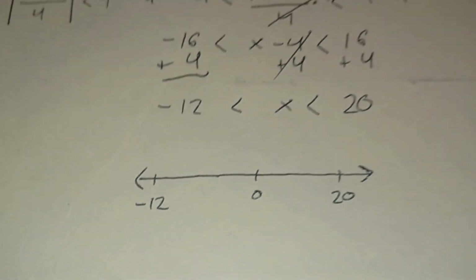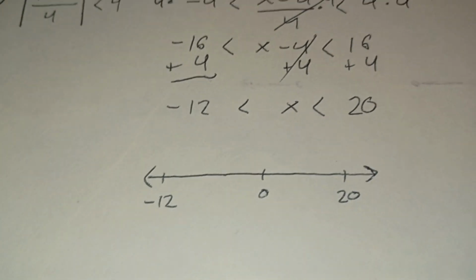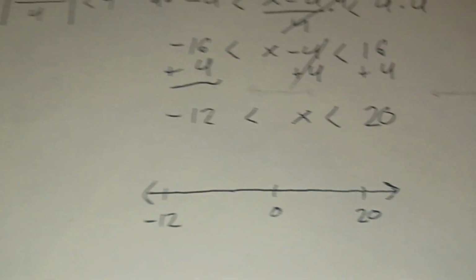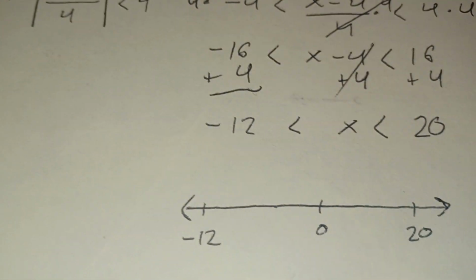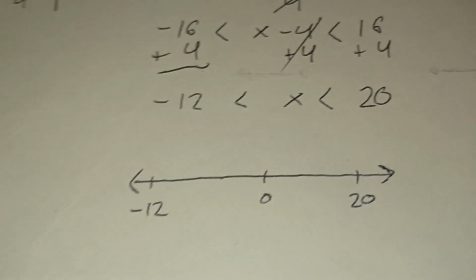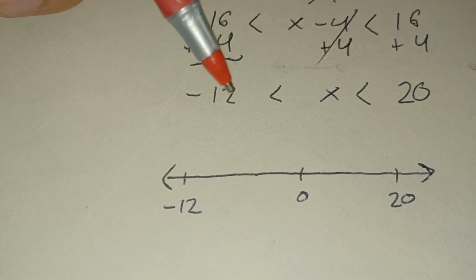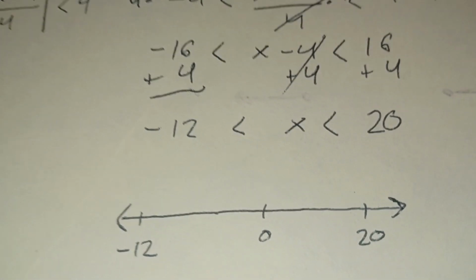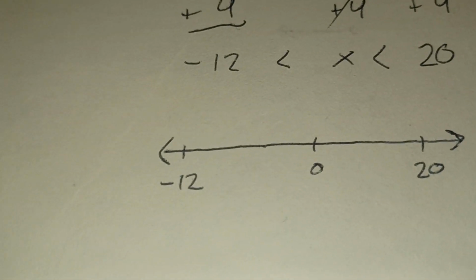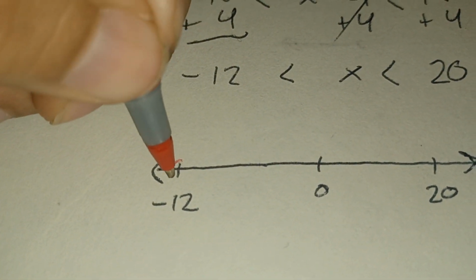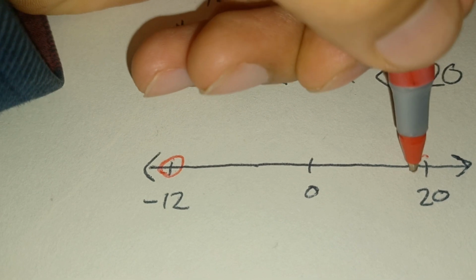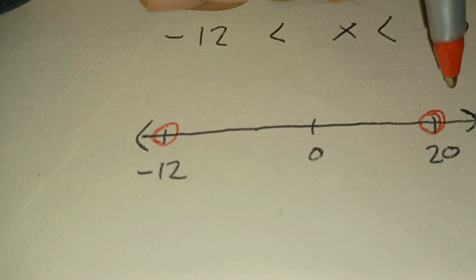And again, since we are not dealing with the greater than or equal to signs, the ones with the equal sign at the bottom, we are dealing with something that says x is strictly greater than negative 12. So in this case, we use the open circle. Open circle on negative 12 and open circle on 20, like that.